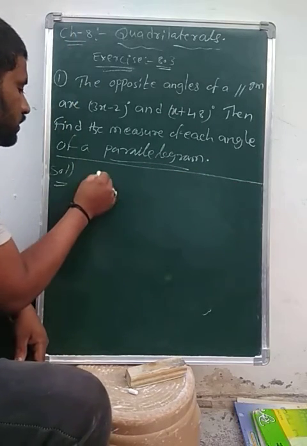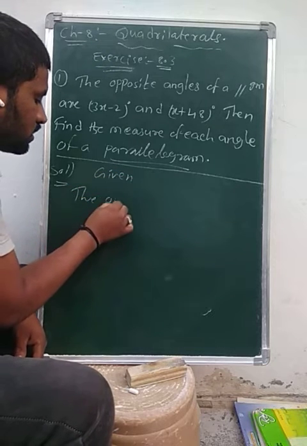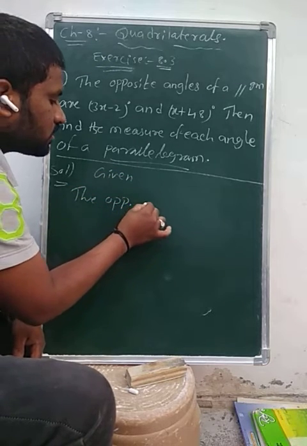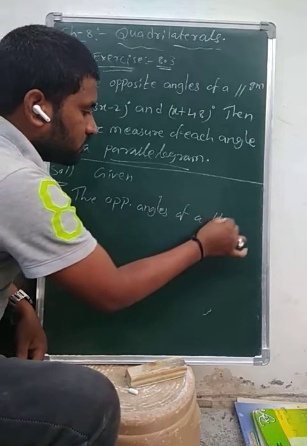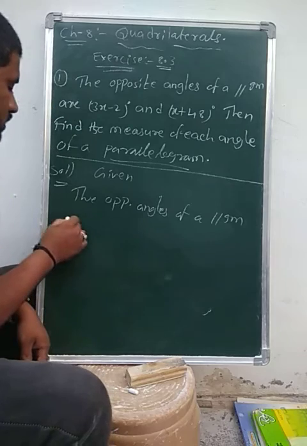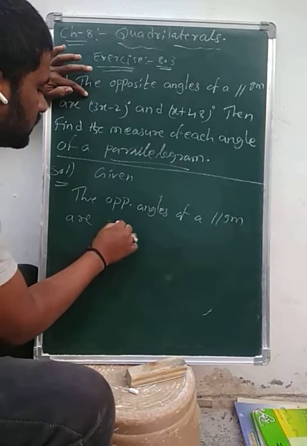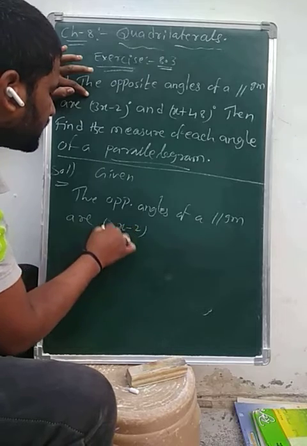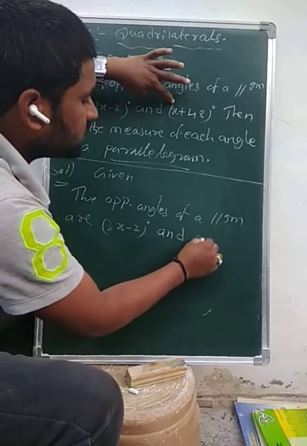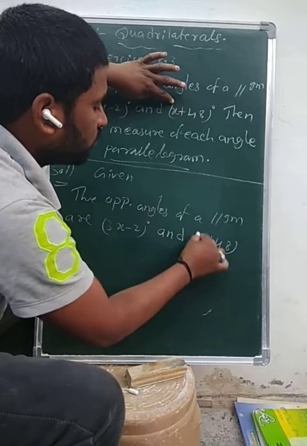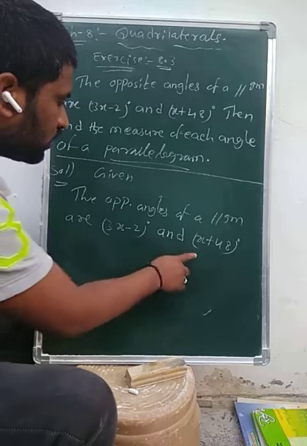The data given: the opposite angles of a parallelogram are 3x minus 2 degrees and x plus 48 degrees. Now these two are equal.